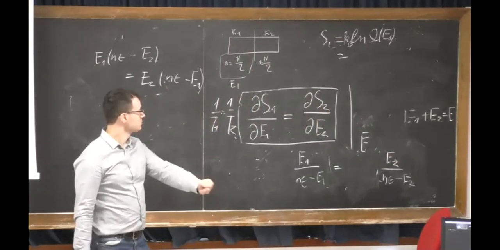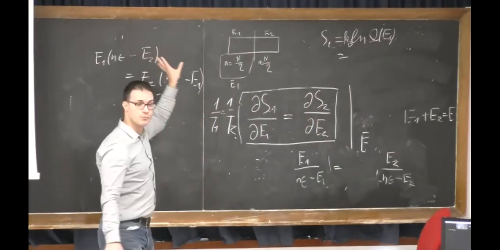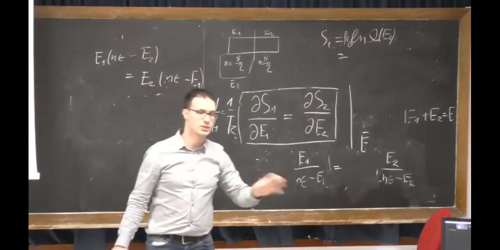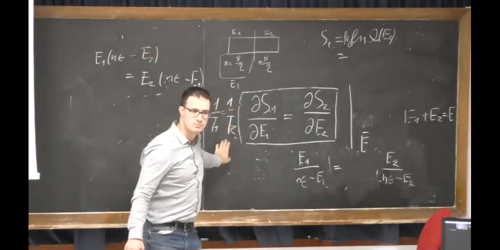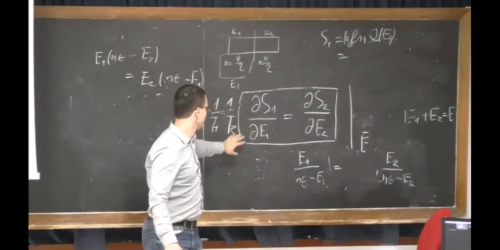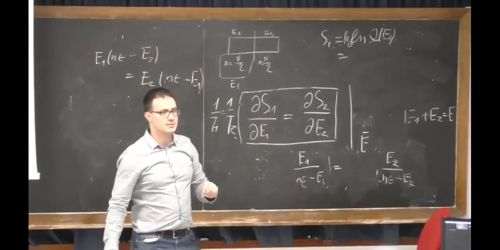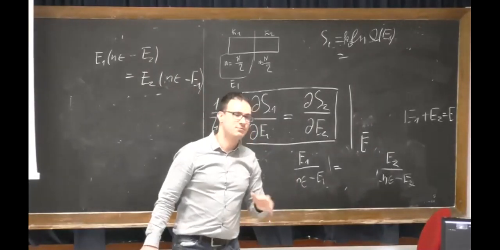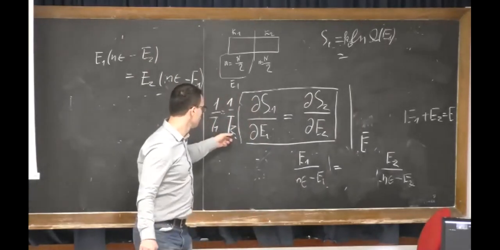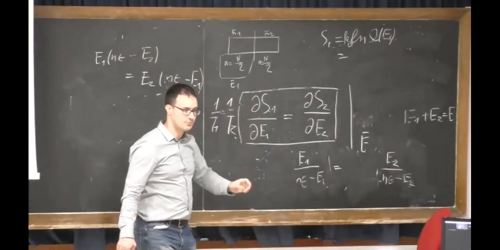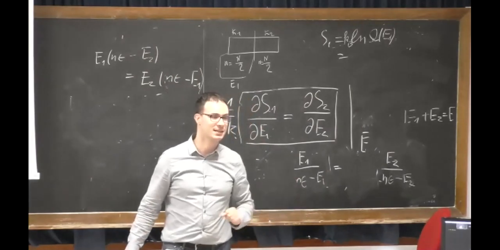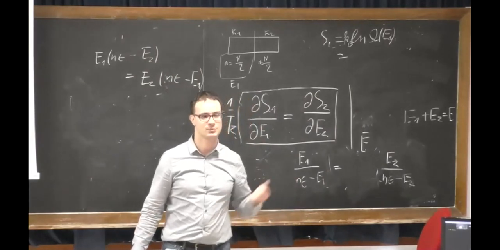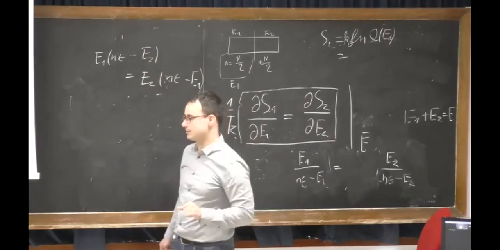Kardar solved the problem for the whole system of n particles. We solved the problem for a subsystem, and we found the formula for temperature, which you have to write down. But if I put numbers there, will I find T1 equal T2, some number? And if I use the Kardar formula, I will find another number. Will this other number be equal or different to this 1 over T1? Who can answer this question?